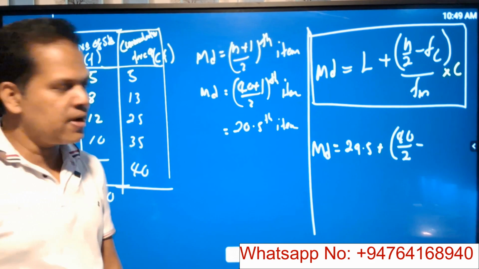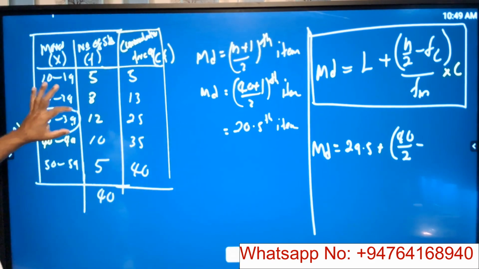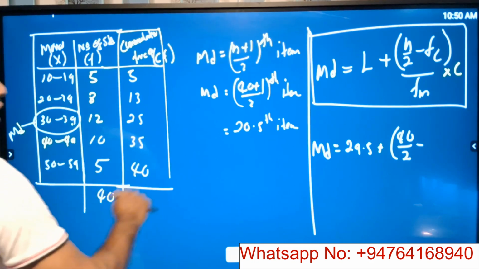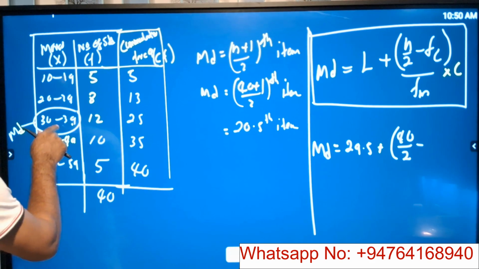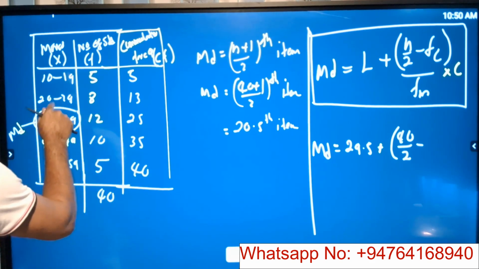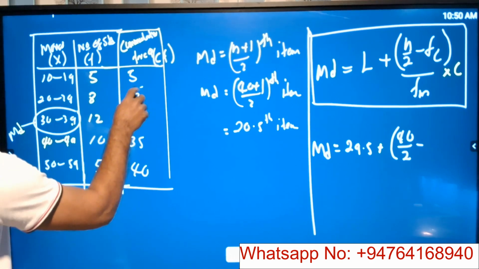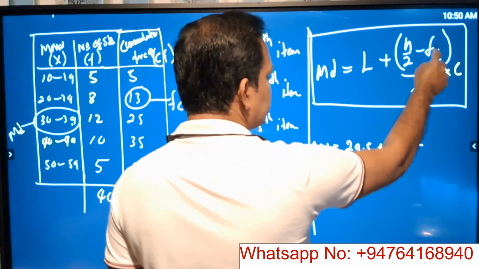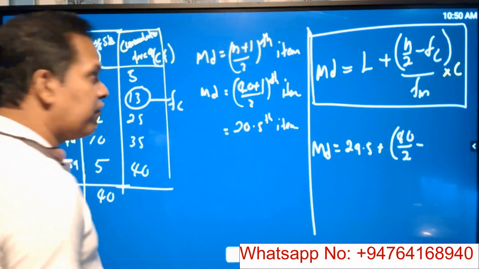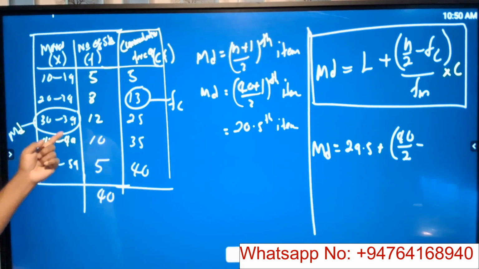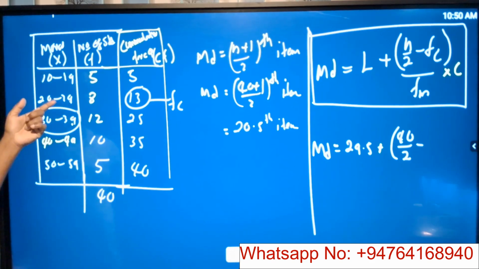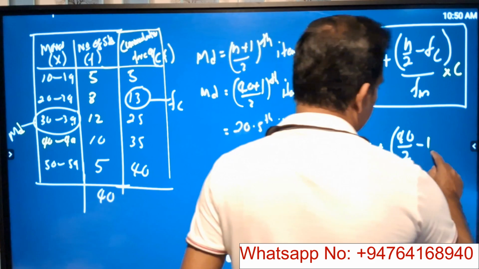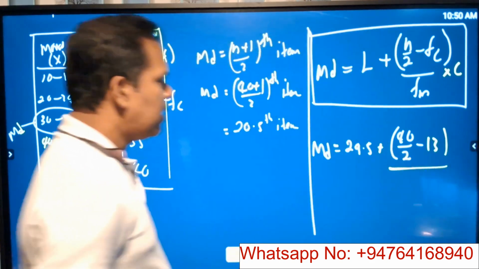The cumulative frequency of the class preceding this median class, not the median class itself, that is 13. So FC is 13, divided by Fm.